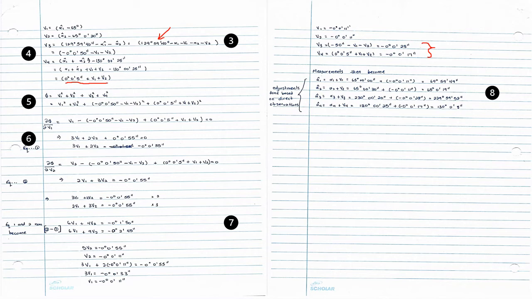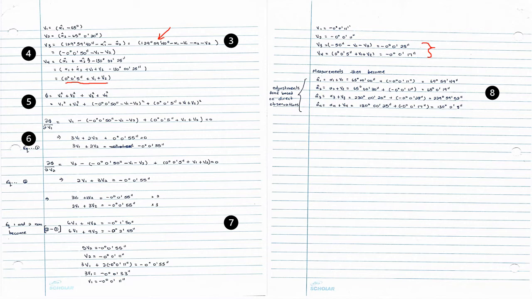The condition equations here would be alpha 1 hat plus alpha 2 hat plus alpha 3 hat is equal to 360 degrees, and alpha 1 hat plus alpha 2 hat is equal to alpha 4 hat.